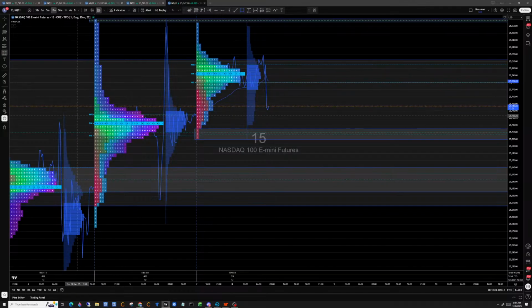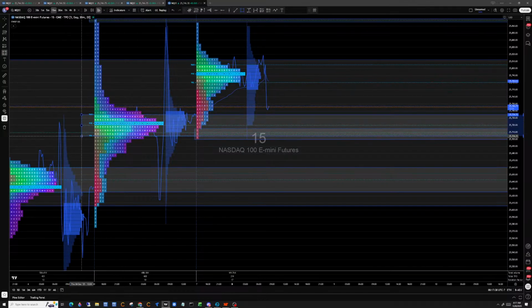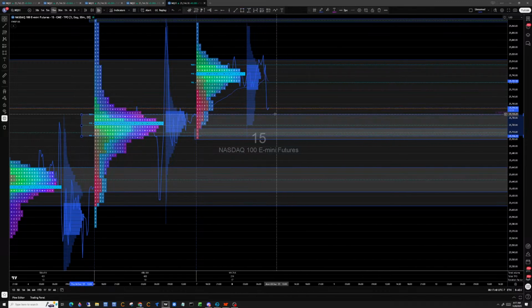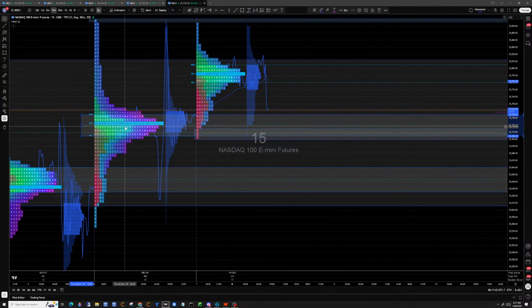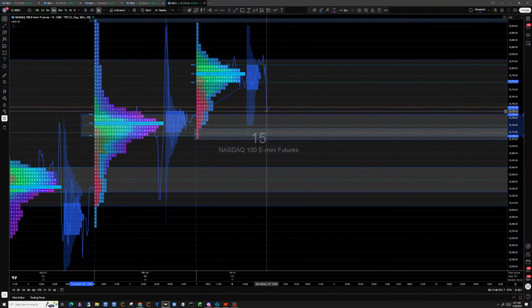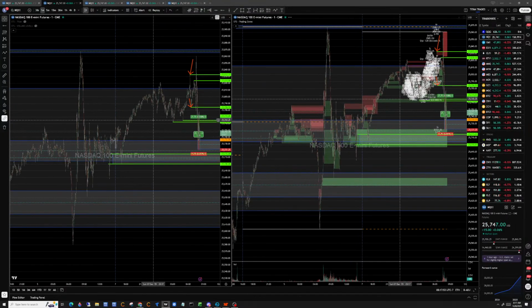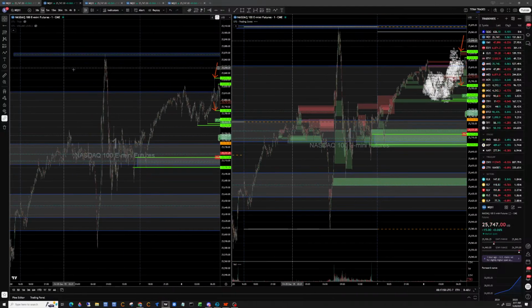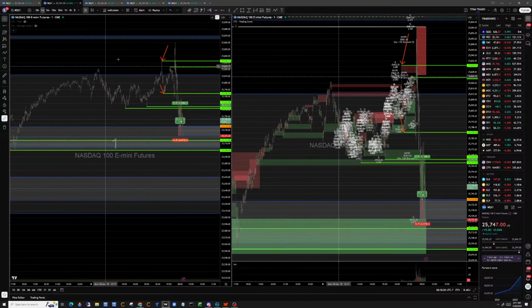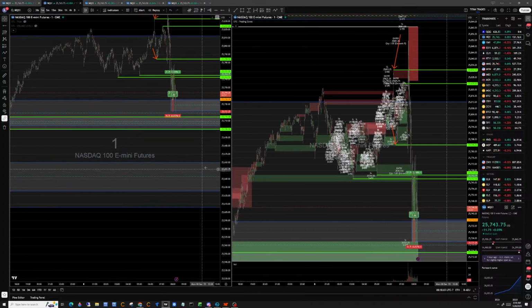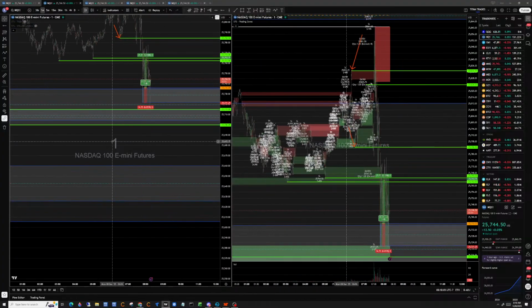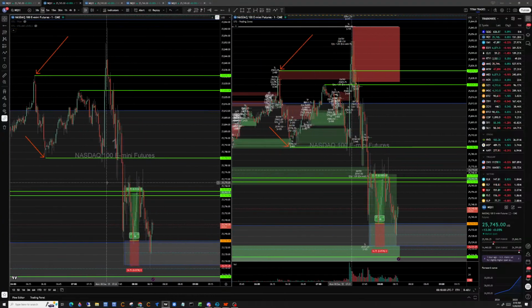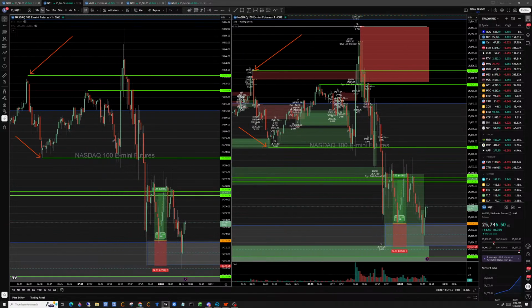I don't want to put this line here because then I'm going to have a lot of overlapping boxes. But this is value from yesterday, from Thursday. So I imagine the market's going to find some support in this area. We're in there right now. If it breaks below there, it's definitely going down to the 660 area. But it may hold right here based on what I'm looking at.